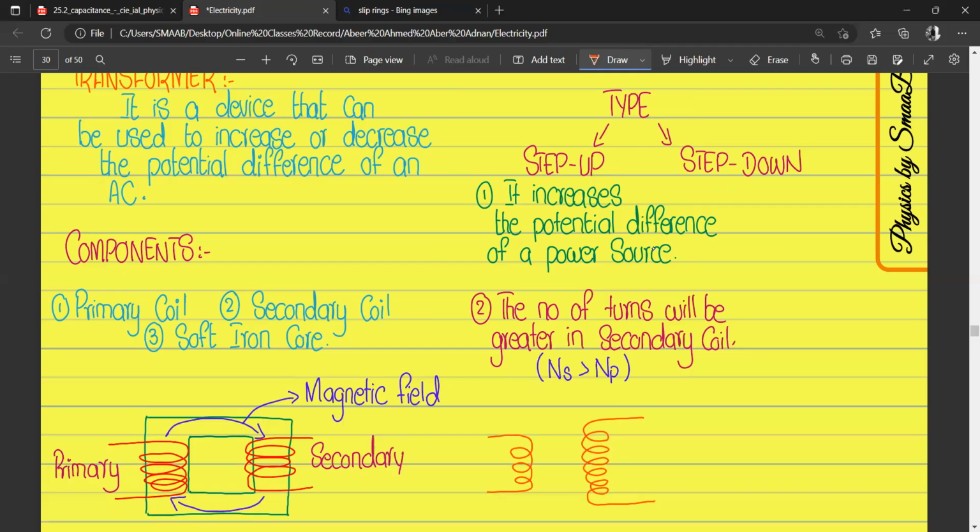So by increasing the number of turns, we can increase the value of the potential difference in the output, because there is no other factor included over here. So the number of turns is the most important factor in the transformer, right?